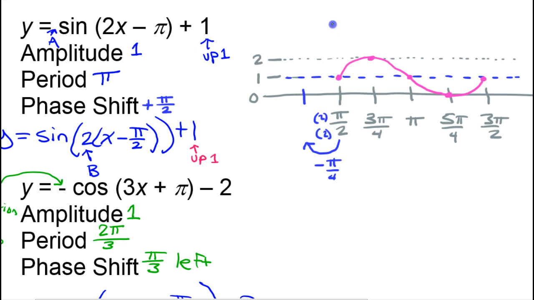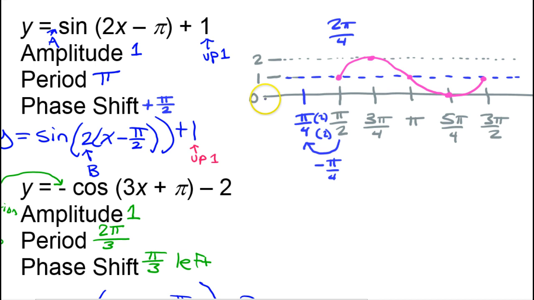That was the same thing as 2 pi over 4. So if I do 2 pi over 4 minus 1 pi over 4, that's going to be 1 pi over 4. So this mark right here is going to be pi over 4.